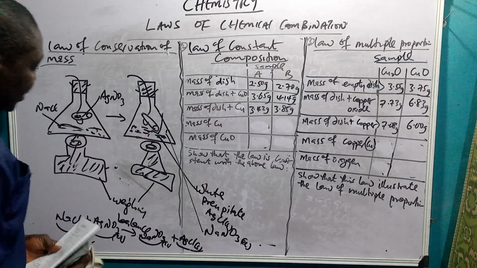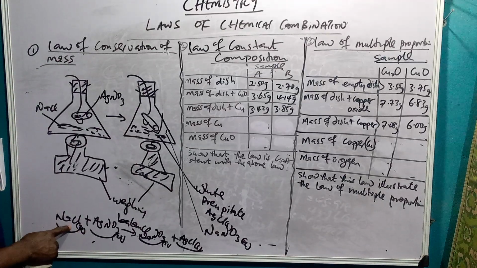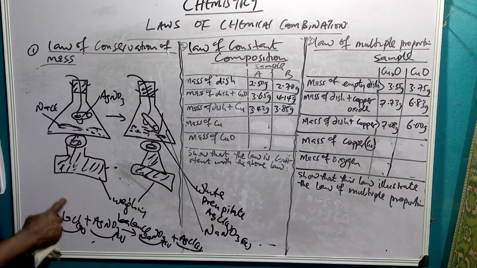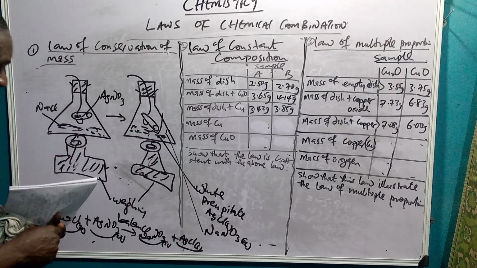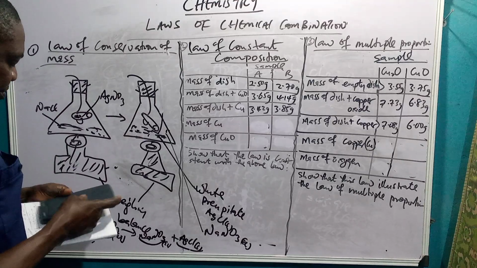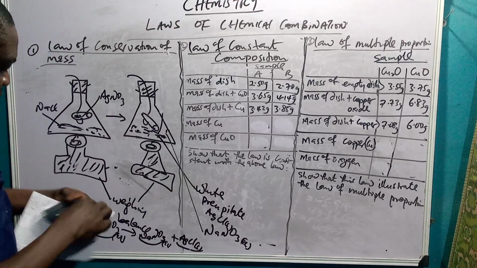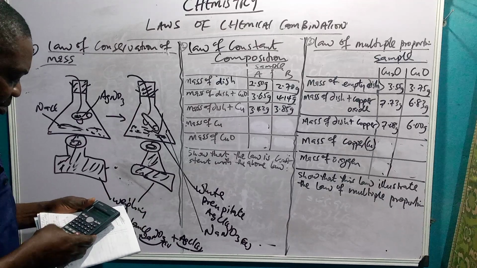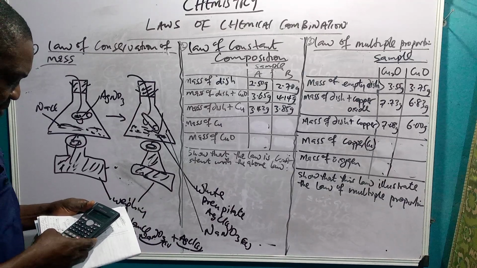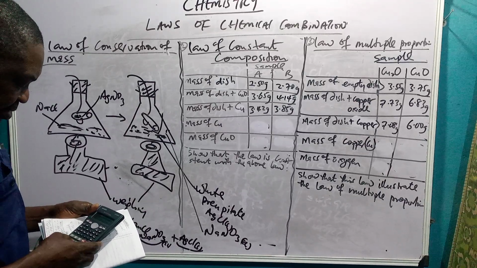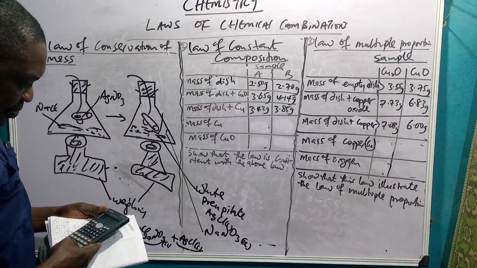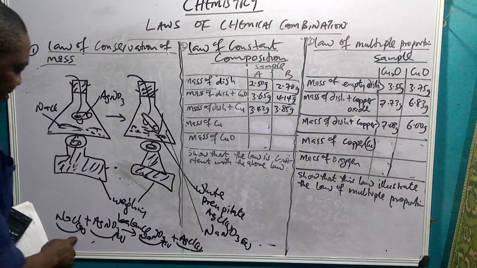Sometimes they can give you masses, like this: sodium is 23, we already know that, plus 35.5 will give you 58.5.